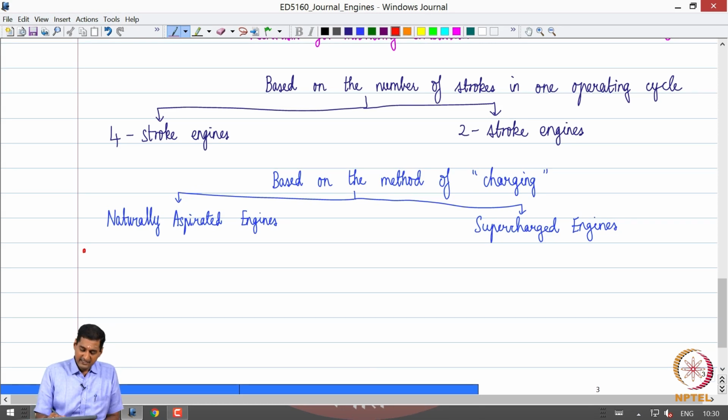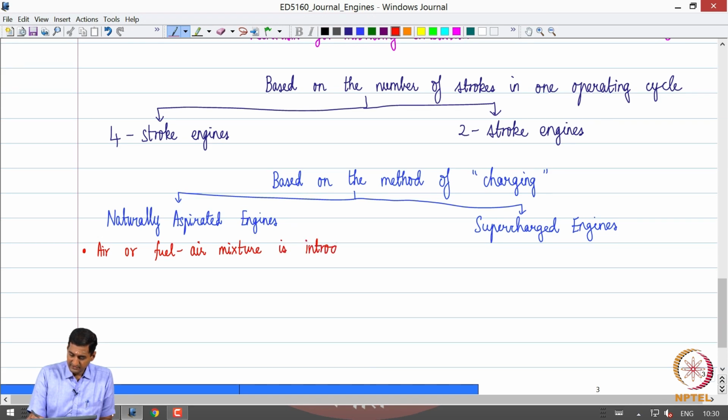A naturally aspirated engine is one where either the air or the fuel air mixture is introduced into the combustion chamber at near atmospheric pressure.